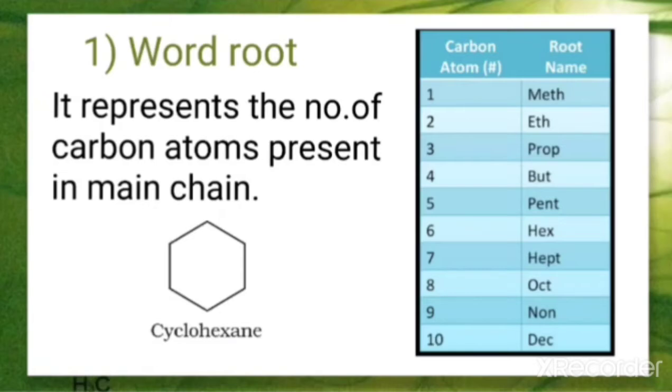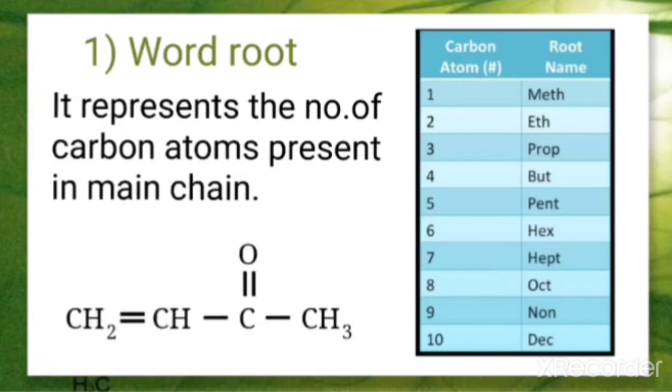Let us take one more example. Let us count the number of carbon atoms here: 1, 2, 3, 4 carbons. So here the word root will be but. And what will be the complete name? That will be discussed later, after learning all the terms. So it is clear what a word root is: it represents the number of carbon atoms present in the main chain.